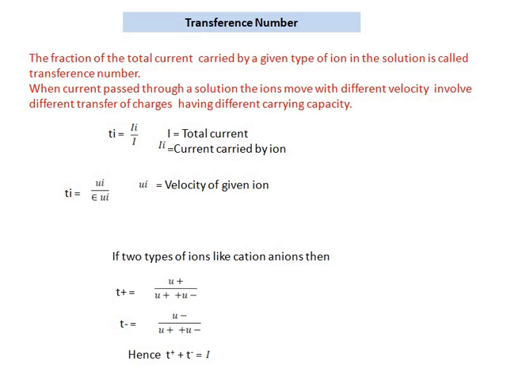Hence the movement of ions through a solution is the movement of charge, and therefore the passage of current takes place. In solution, different ions move with different velocities, so they involve different transfer of charges and hence different carrying capacity. The amount of current carried by an ion depends on its velocity.